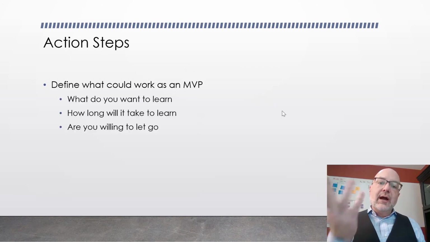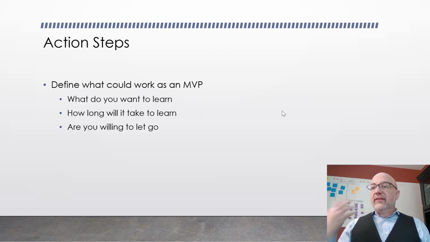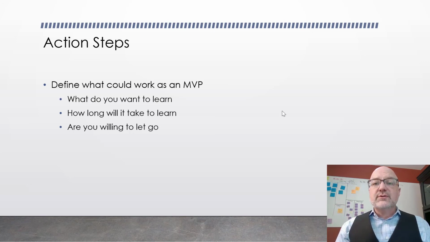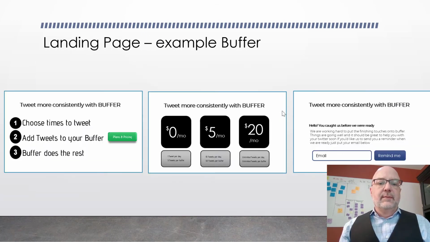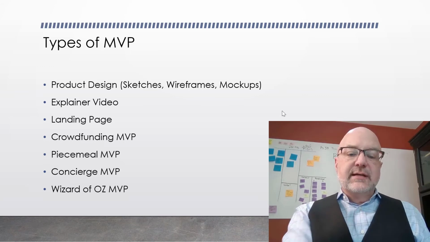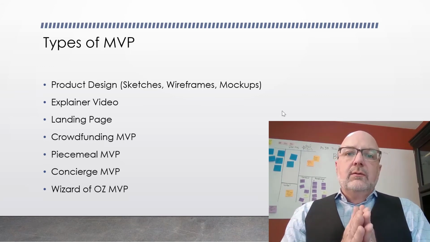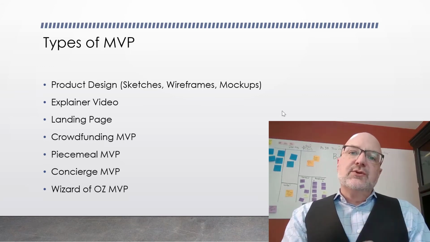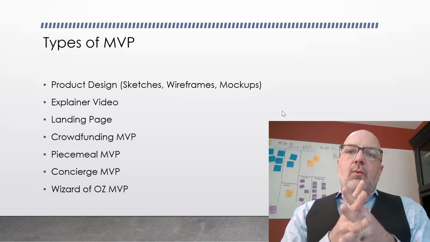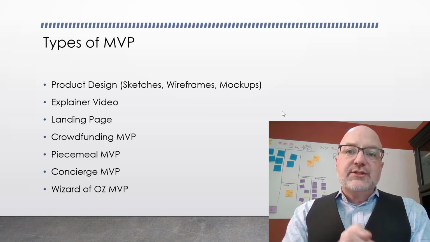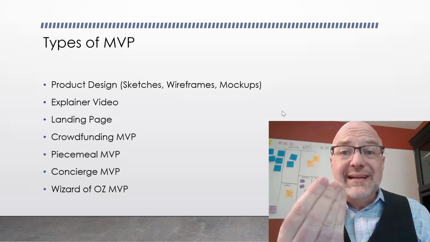So what are your action steps to take away? Well, think about what kinds of problems you'd like to solve, and look at the different kinds of MVPs. Let me scroll back up. See how long it will take to learn, and what you're willing to let go. These are the different types, and think about which one of these would best suit your product or service, what you would do to test your idea before you put money into it.